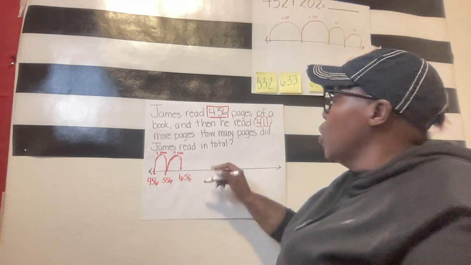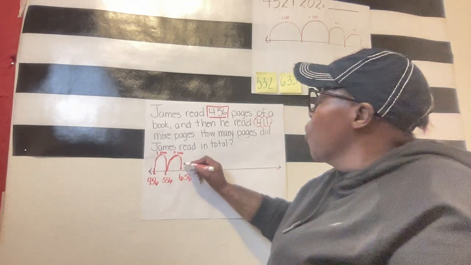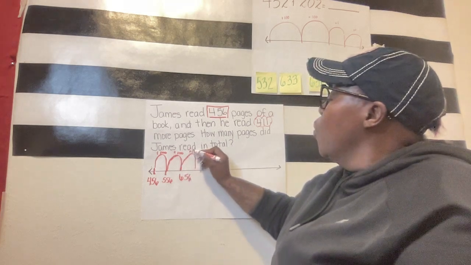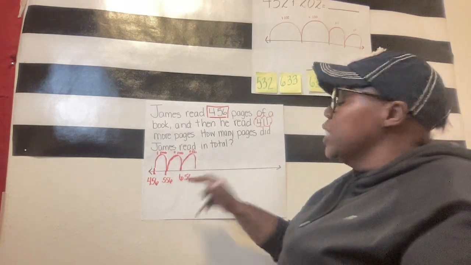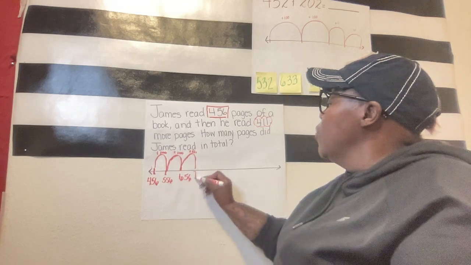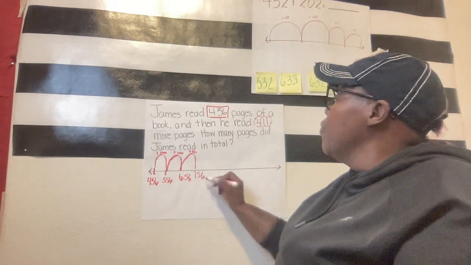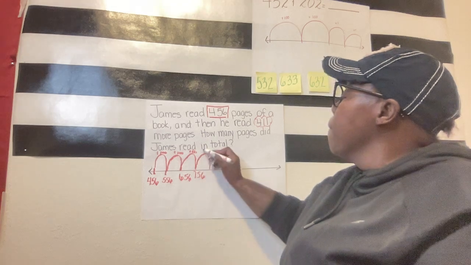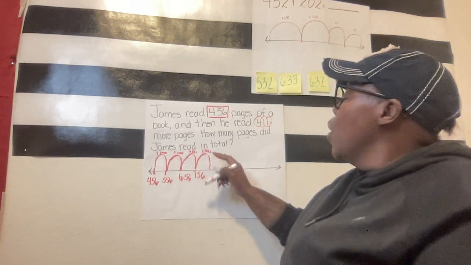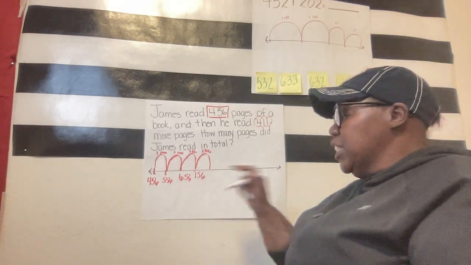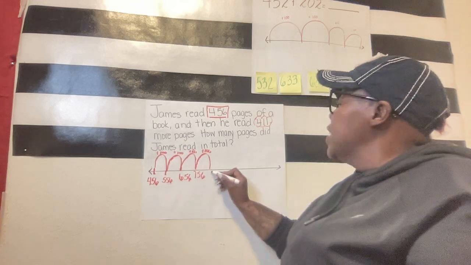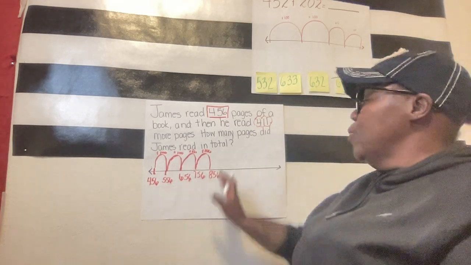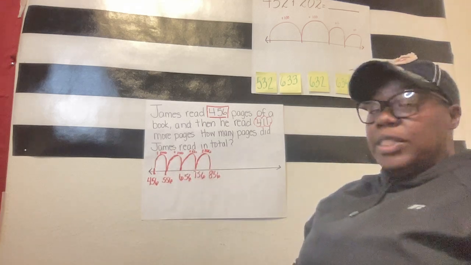You still have two more hundreds to go because you had four of them. 100 plus 656 will give you 756. And our last 100 jump, 100 plus 756 will give us 856. So we've taken care of all of our hundreds.